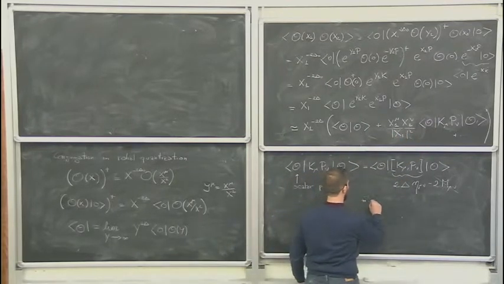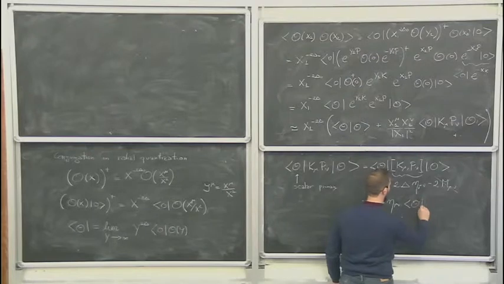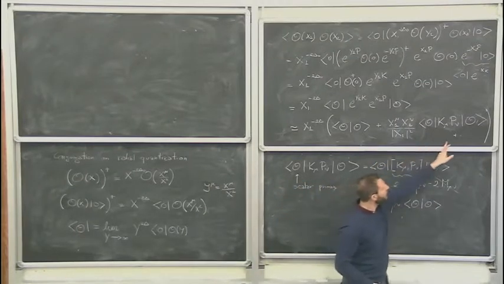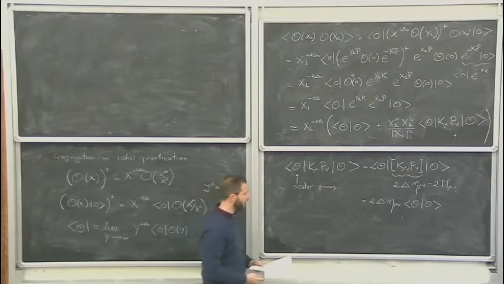So this is just 2 delta eta mu nu O. And this dot dot dot, you can go on, you can perform this trick as many times as you want.